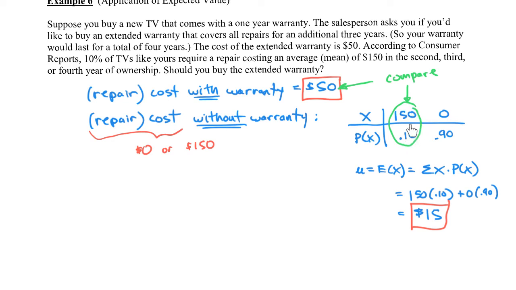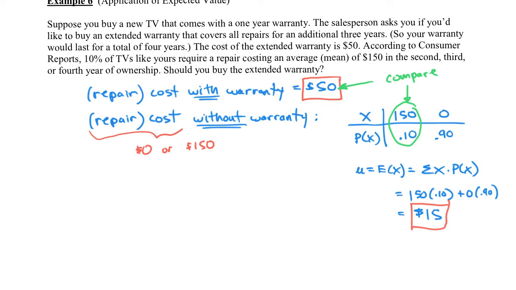And sometimes this is not as easy to find. You need to know what's the chance that this thing's going to need to be repaired and how much is the average repair. If you multiply those two together and compare this. Now, this number will always be bigger. Otherwise, like I said, the company would go out of business.